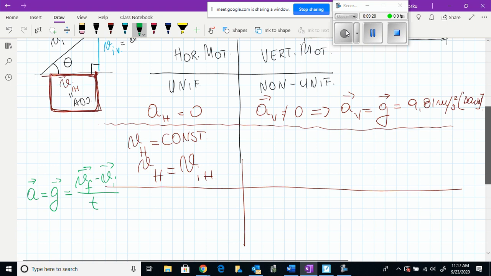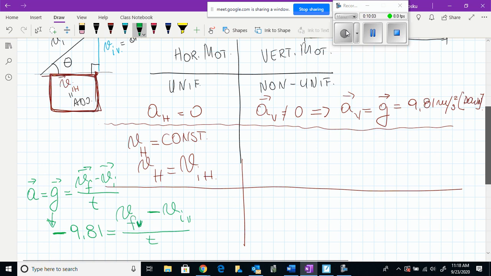Now, since acceleration due to gravity is going down, we can say that this is negative 9.81 equals whatever is the v final in the vertical direction minus v initial in the vertical direction over the time that this is happening.